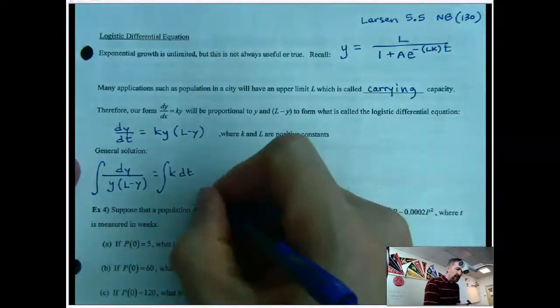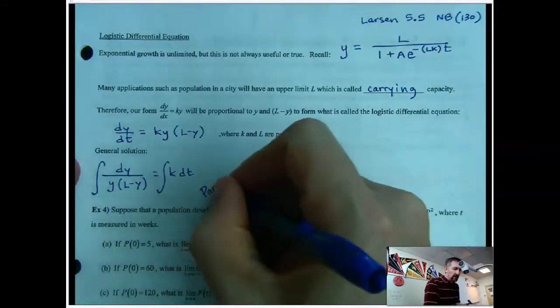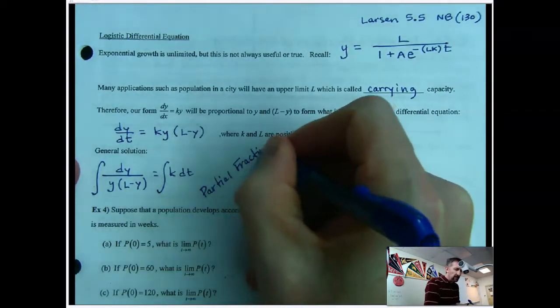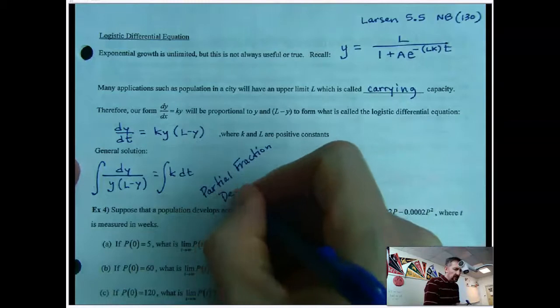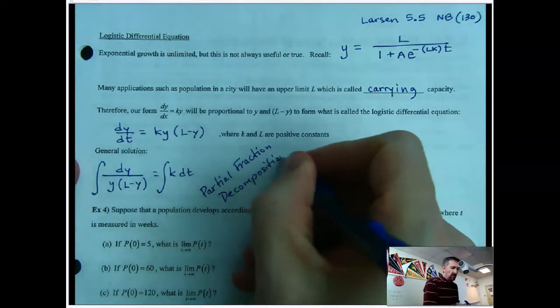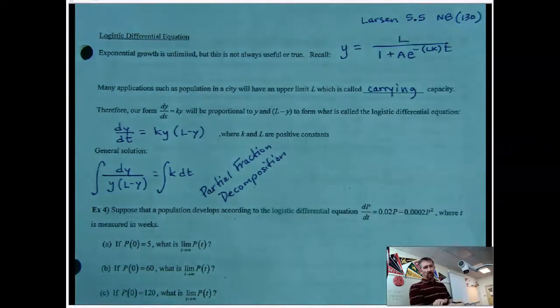Now in pre-calc, you may have done partial fraction decomposition. If you don't remember that, I'll be going over it. We're going to be doing that again when we integrate.